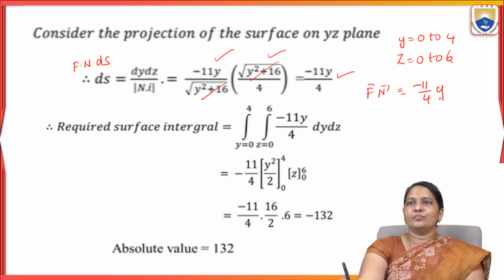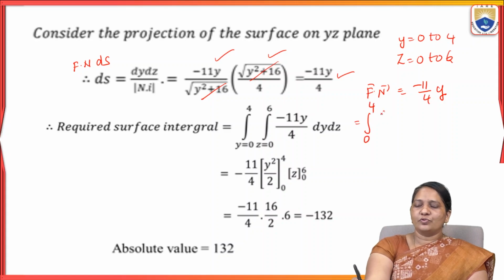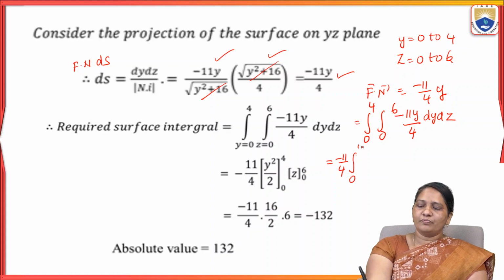So now I am replacing here. The required surface integral is the integral with y limits 0 to 4 and z limits 0 to 6 of F dot n, which is minus 11y by 4, dy dz. Now minus 11 by 4 is the constant, taking it out: minus 11 by 4 integral 0 to 4 and 0 to 6 of y dy dz.